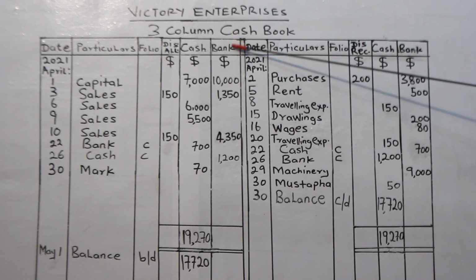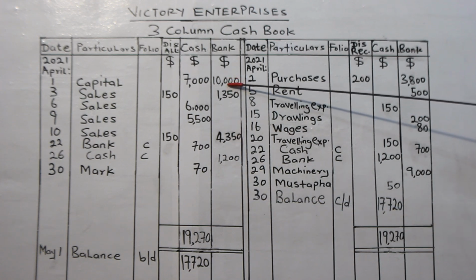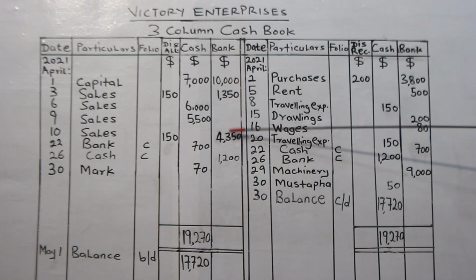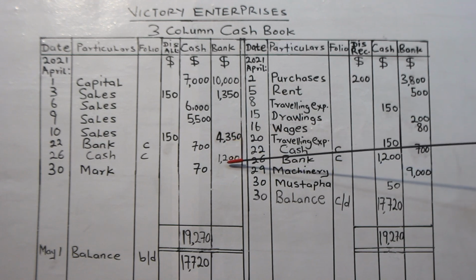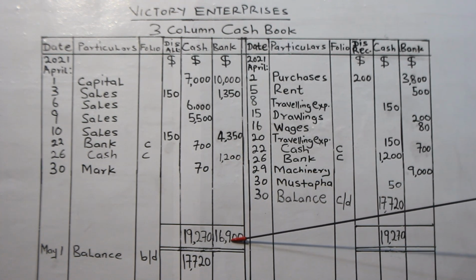To balance the bank column of the 3-column cash book, we add the total amount received in the bank. That is 10,000 plus 1,350 plus 4,350 plus 1,200. That gives us 16,900, which represents the total cash received in the bank.